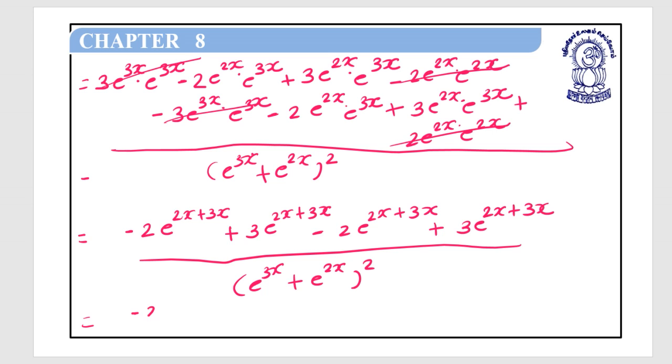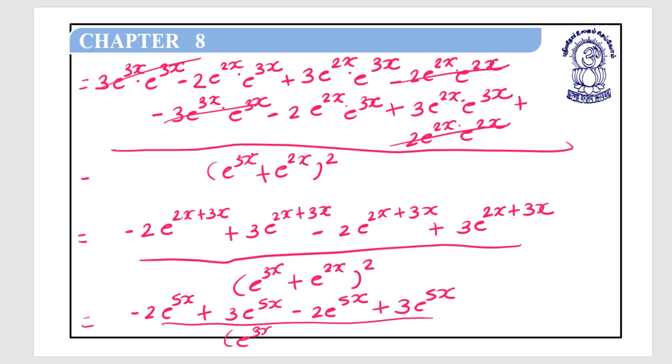Here minus 2e raised to 5x plus 3e raised to 5x, minus 2e raised to 5x plus 3e raised to 5x, upon e raised to 3x plus e raised to 2x square.